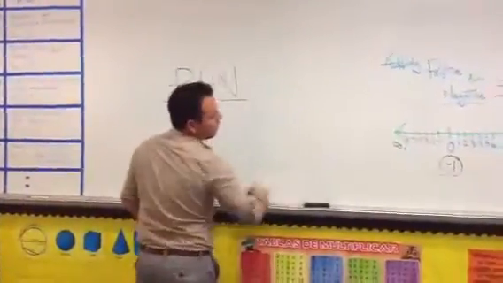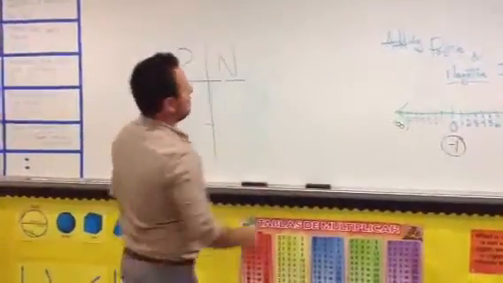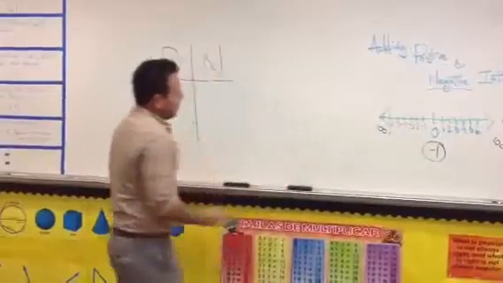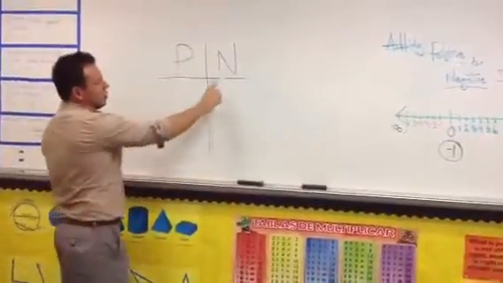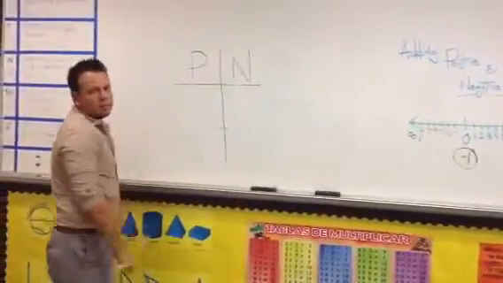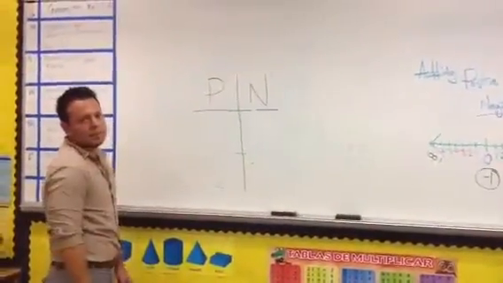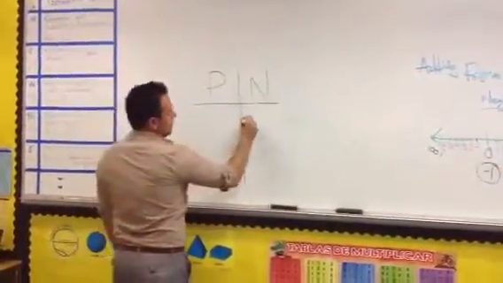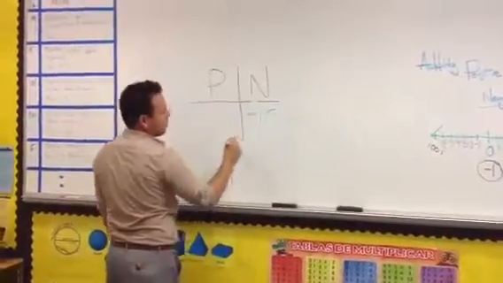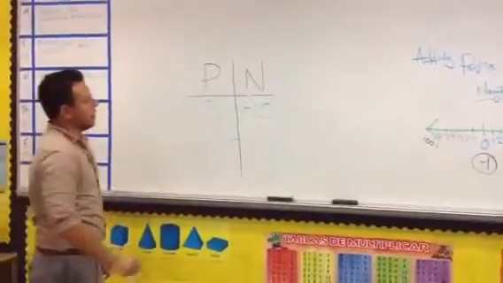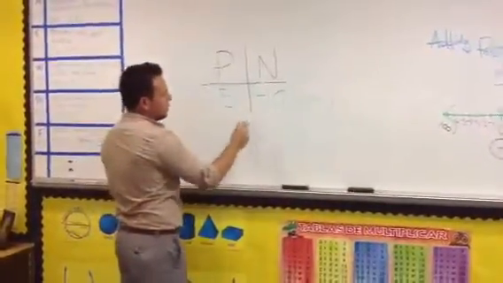Again, if we were to use our chart here, we got -10 plus 5. Which number is going to go underneath the negative column? And which number is going to go underneath the positive column? If you said -10 goes underneath the negative column and +5 goes underneath the positive column, you're correct. So, now, which number am I going to move over?